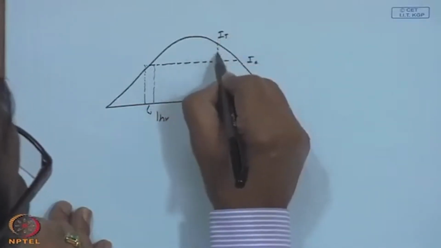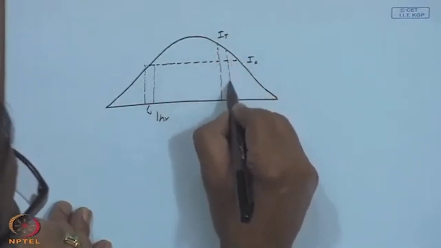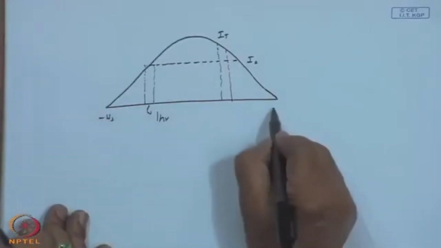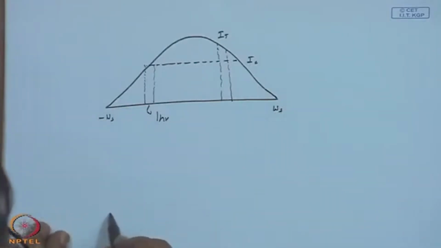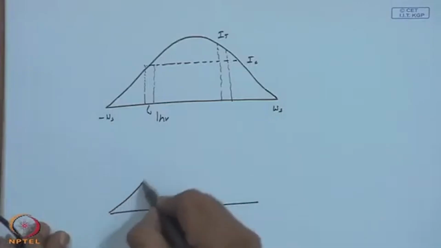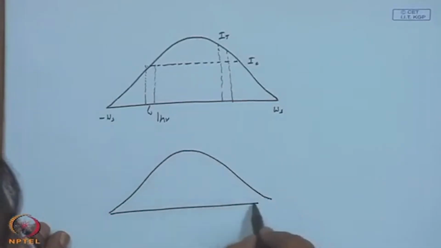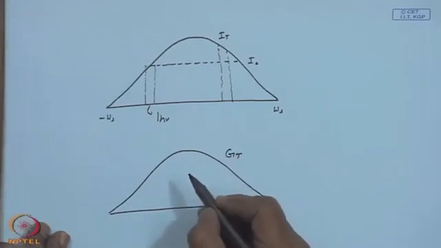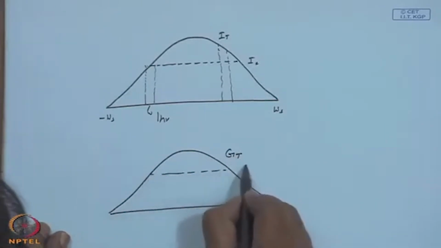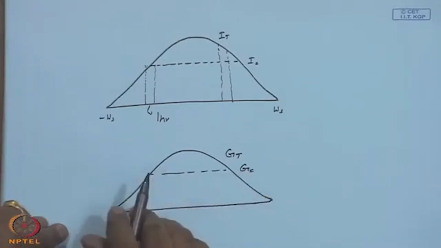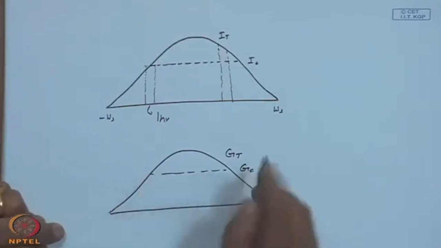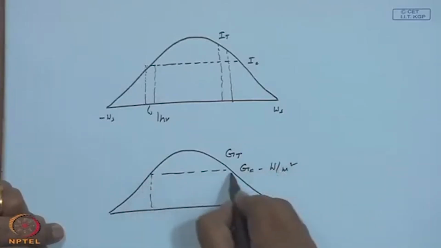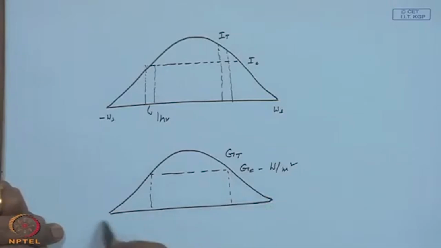I t is each hourly interval, from minus omega s to plus omega s. Alternately, you can call it G T, the intensity on the tilted plane, to G c, the intensity at the critical level. Then this will be in watts per meter square, which is nothing but the ordinate over here. All right.